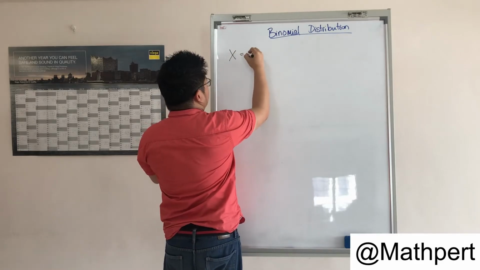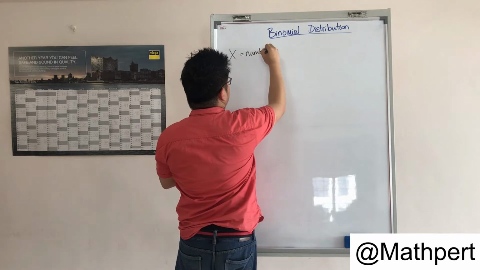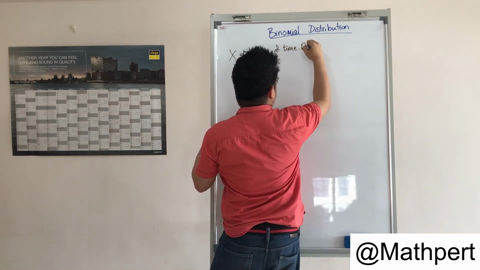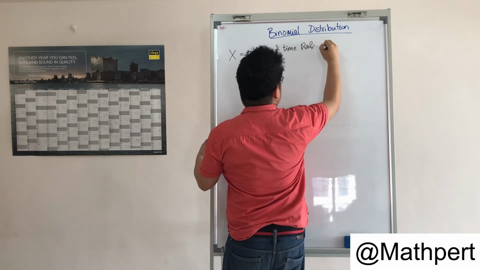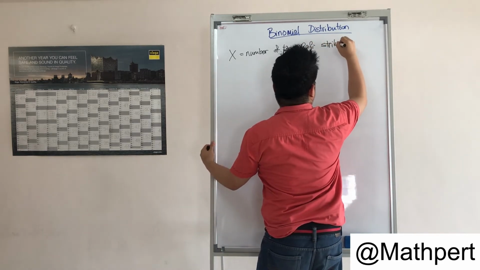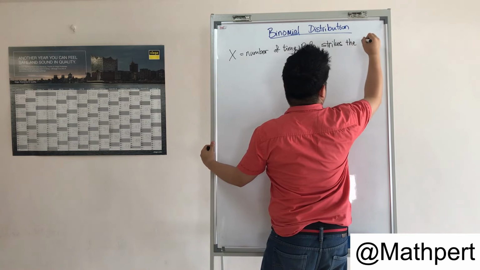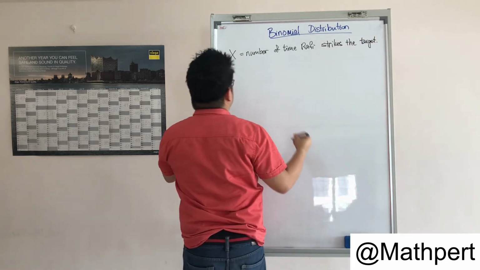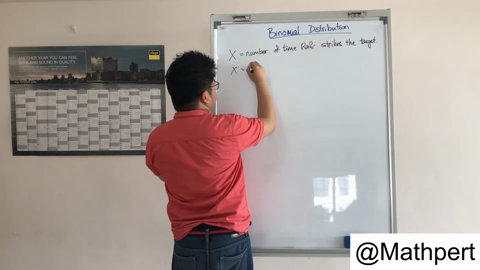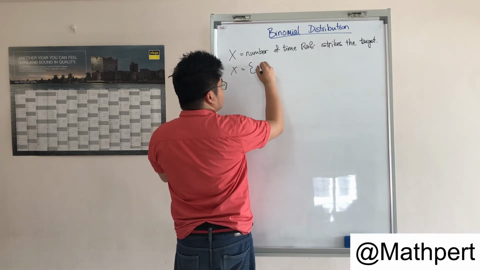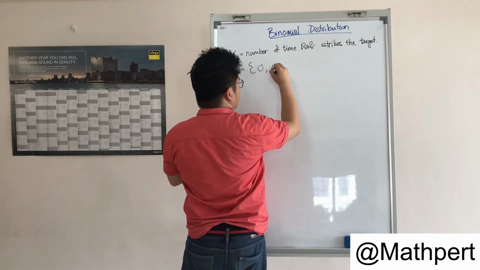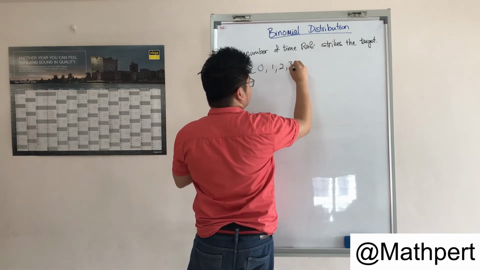X represents the number of times Rafi strikes the target. Therefore, X consists of 0, where he missed all 3 shots, strike 1 time, 2 times, and 3 times.